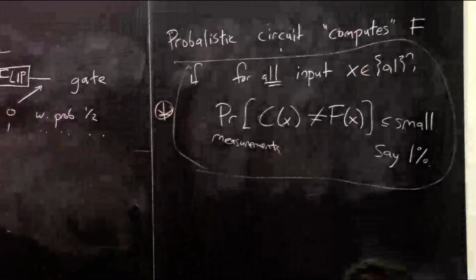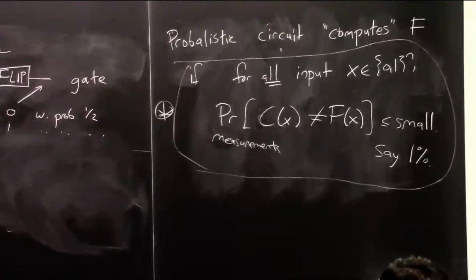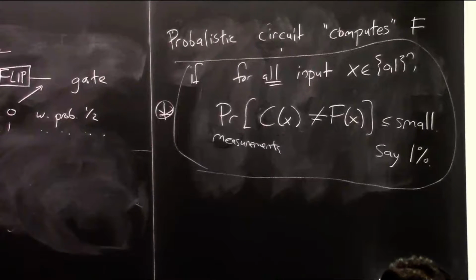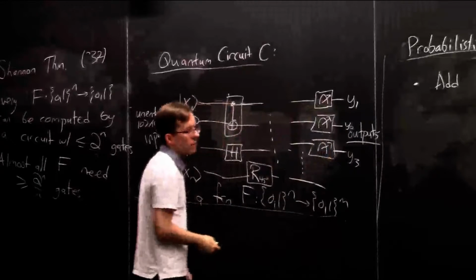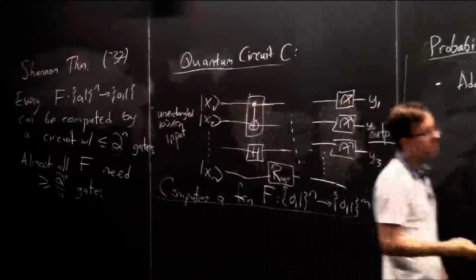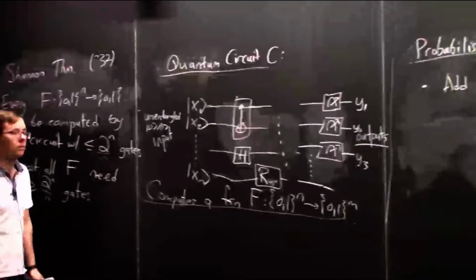So we want it to be the case, if this is supposed to be computing a function from n bits to 3 bits, that for every one of the 2 to the n input Boolean strings, if you encode your qubits like this, run them through this circuit, and measure the first 3 qubits, then with high probability you see the correct answer. Yep? So why would we not measure all the qubits at the end?